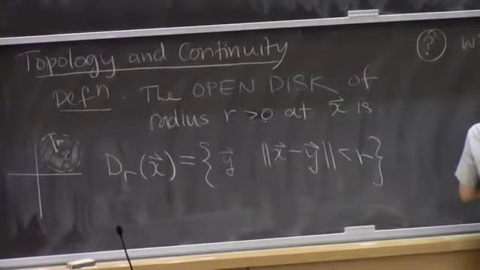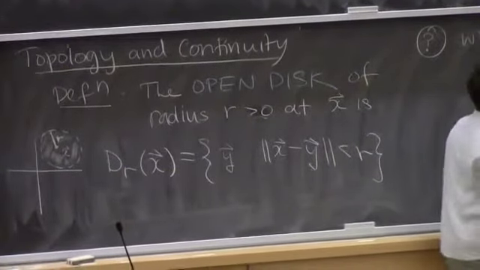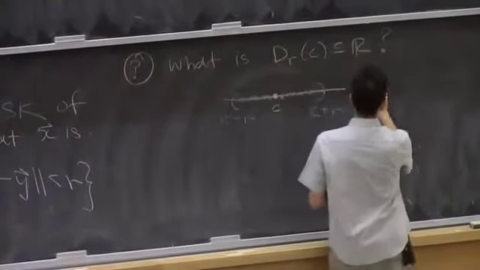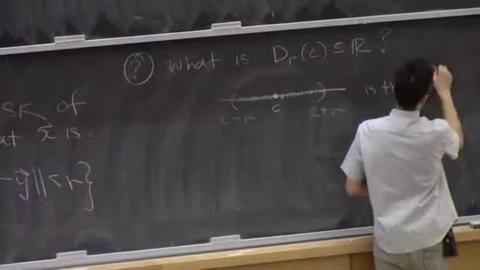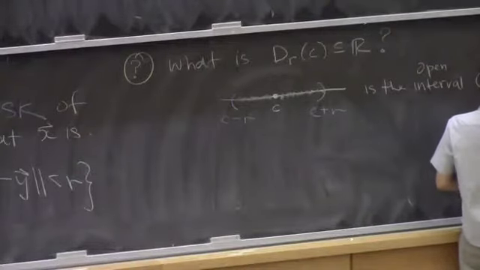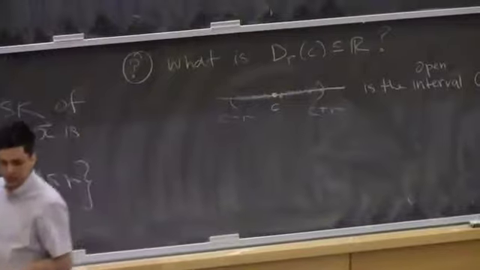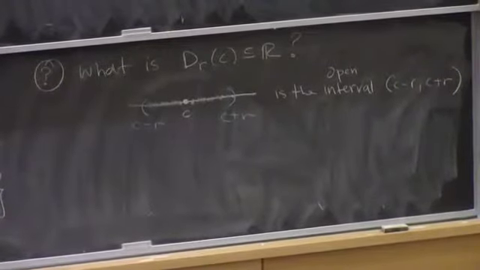So this will be the range of points we care about. So it is the following guy. In one dimension, these are intervals, and then in the plane they're disks and in space they're balls.